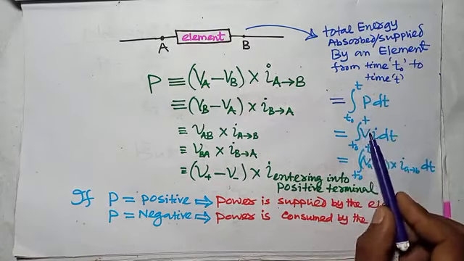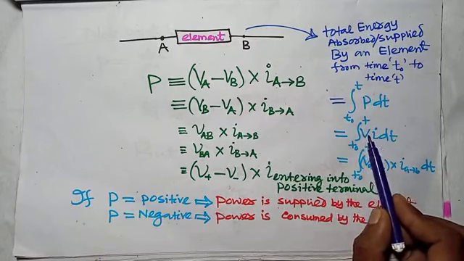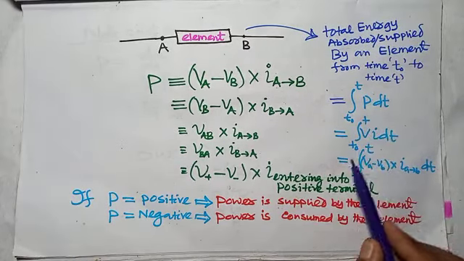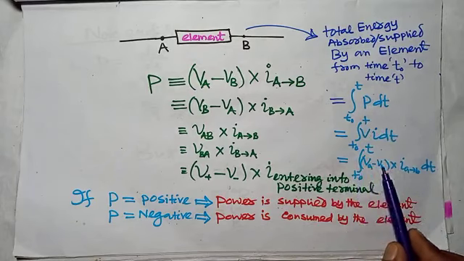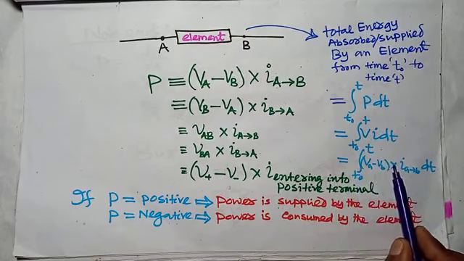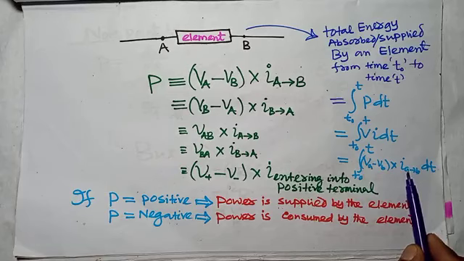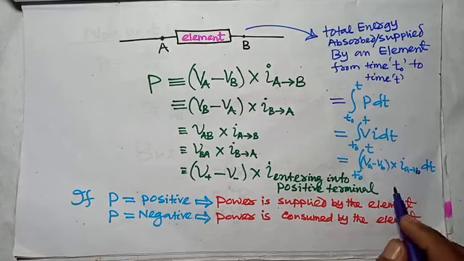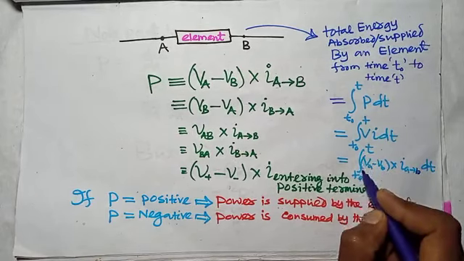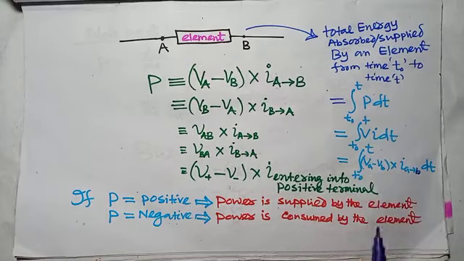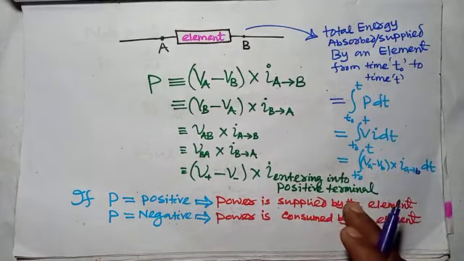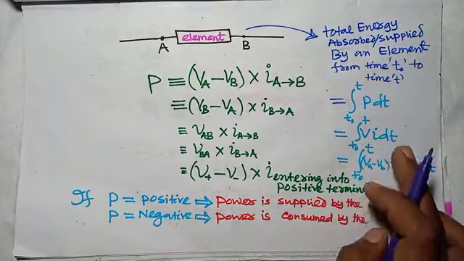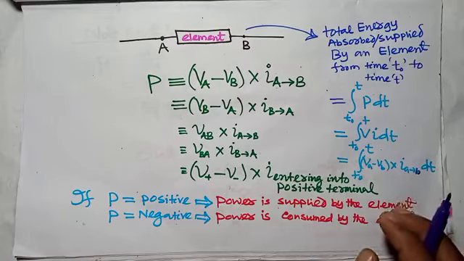That is the integration of vi with respect to time from t0 to t, which also equals the integral of VA minus VB multiplied by the current flowing from terminal A to B, with respect to time from t0 to t. This is the energy absorbed or supplied by an element from time t0 to time t.